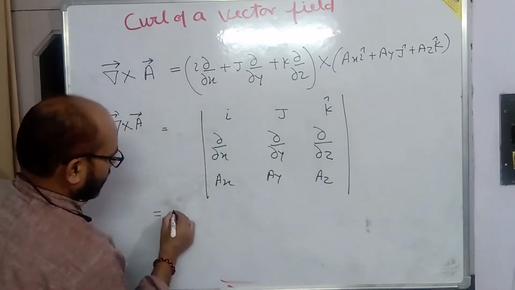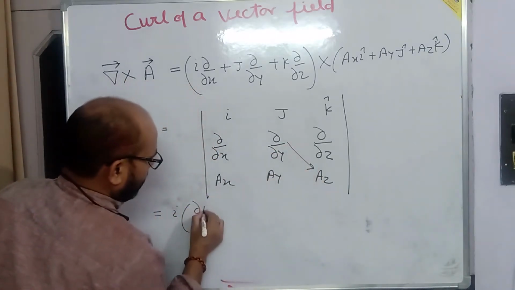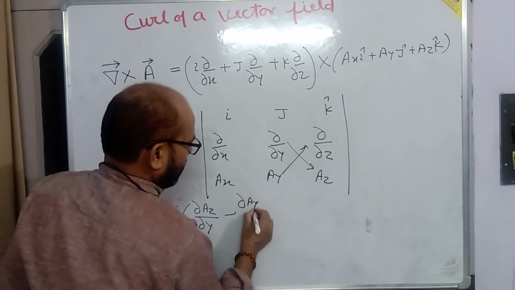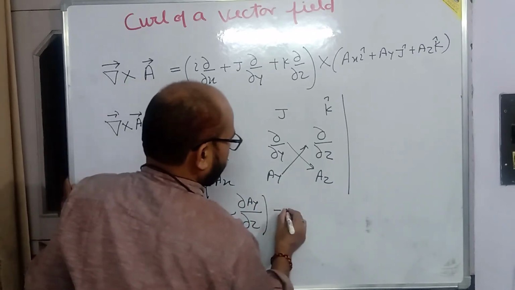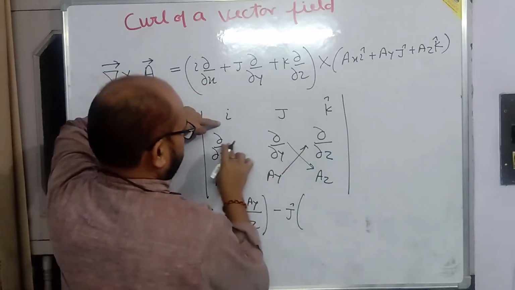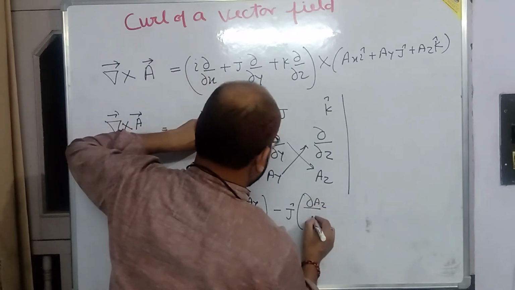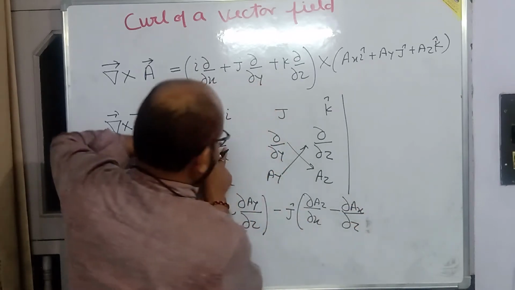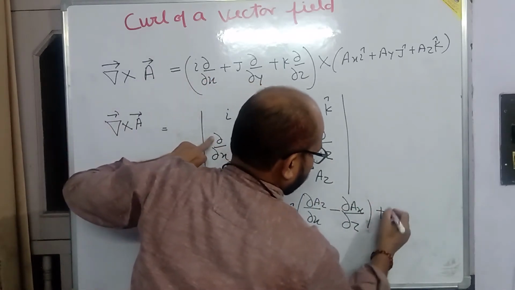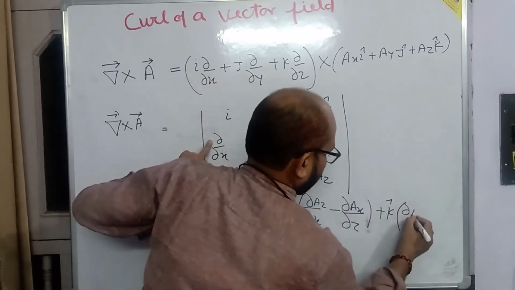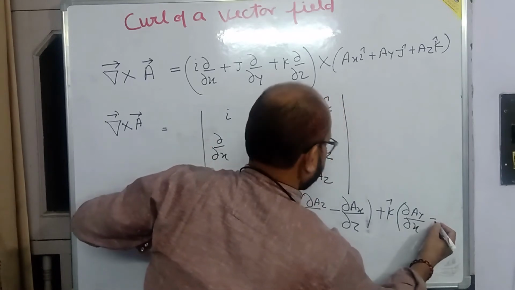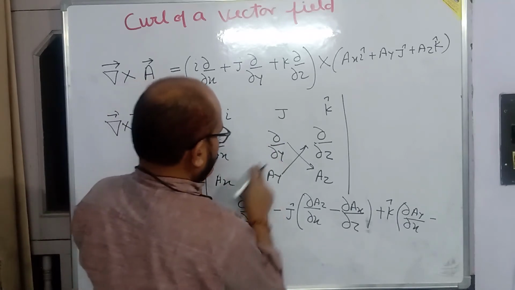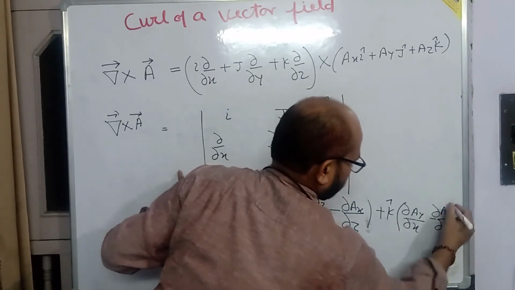Simply calculating here: i cap times (del Az upon del y minus del Ay upon del z), minus j cap times (del Az upon del x minus del Ax upon del z), plus k cap times (del Ay upon del x minus del Ax upon del y), right?